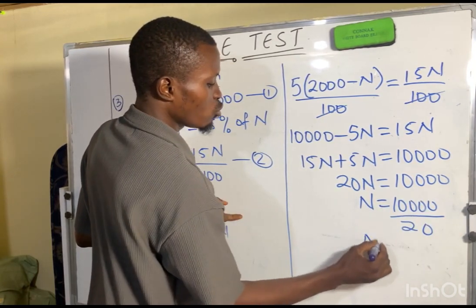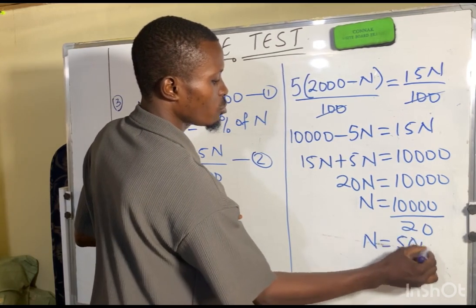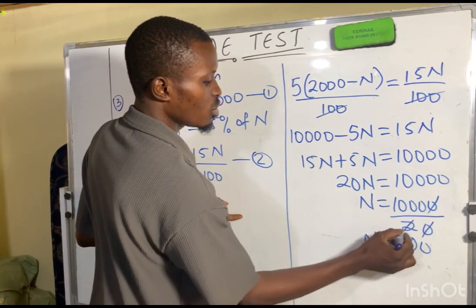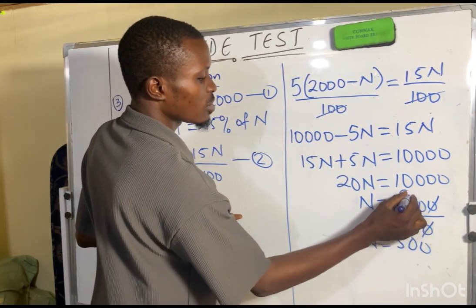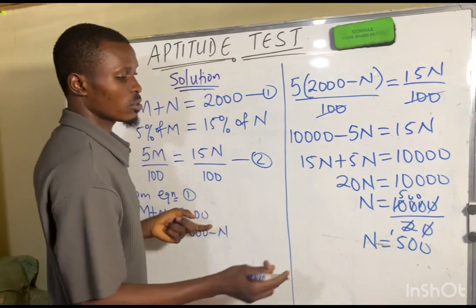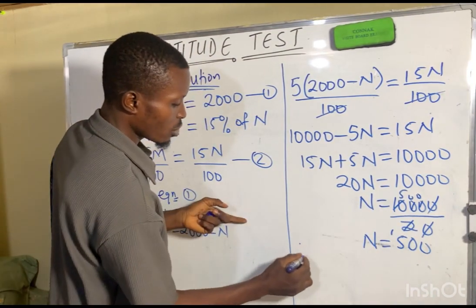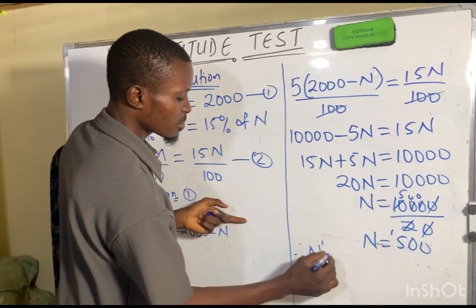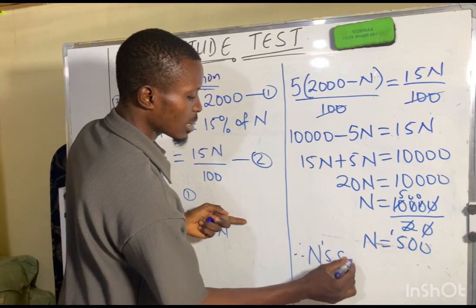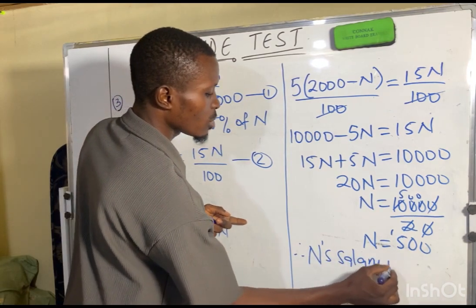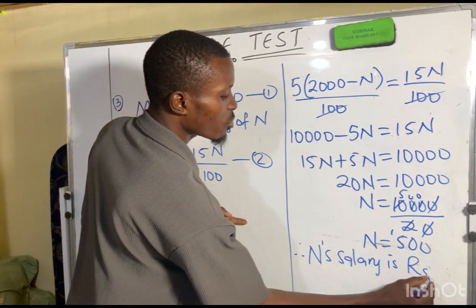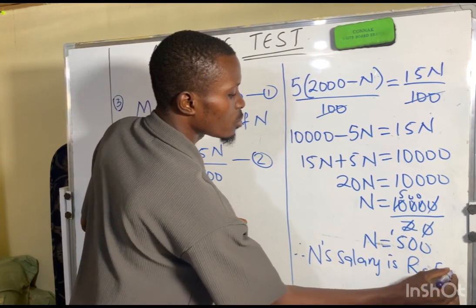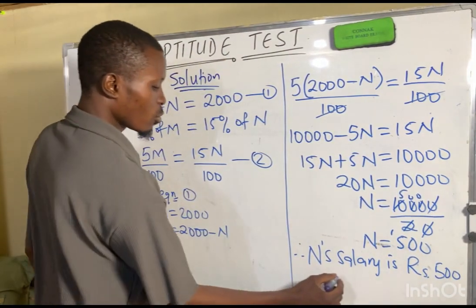That will give me N to be 500. Zero cancels zero, 2 into 10 is 5, so 500. Therefore, N's savings is 500 rupees.